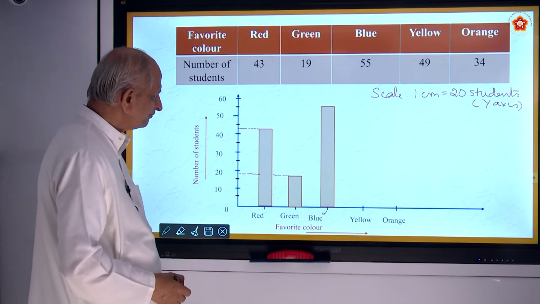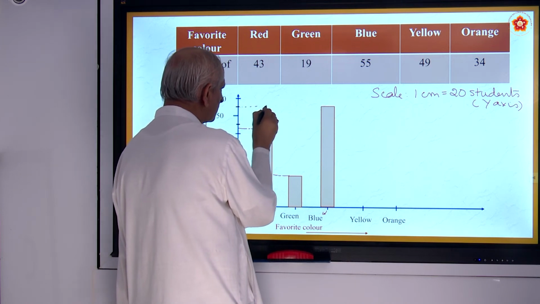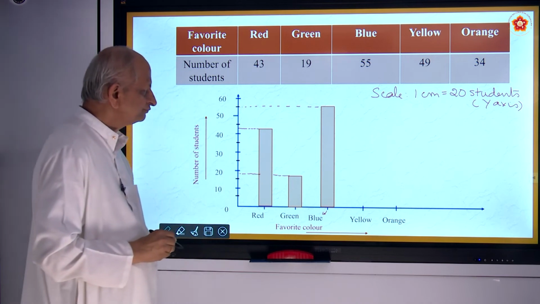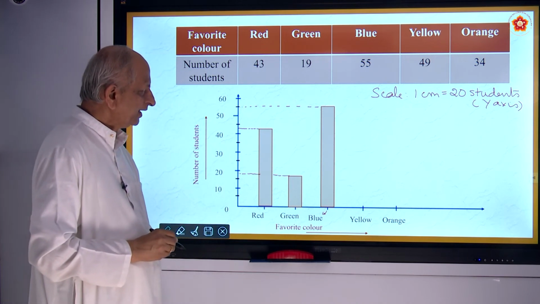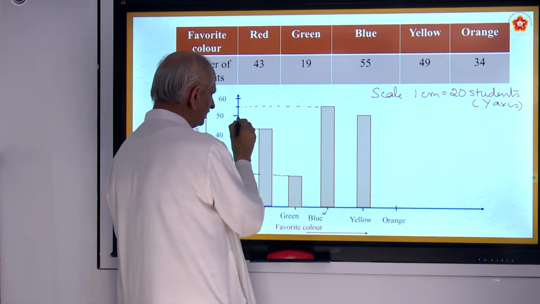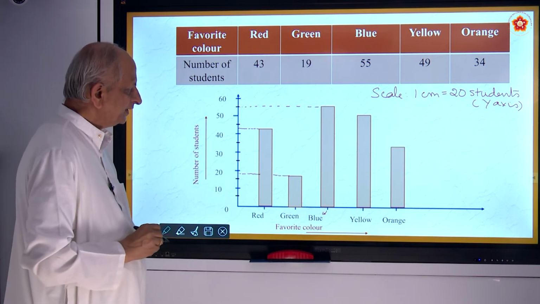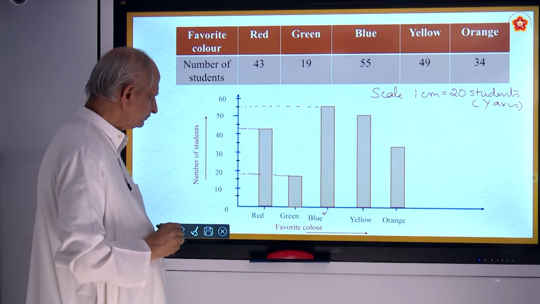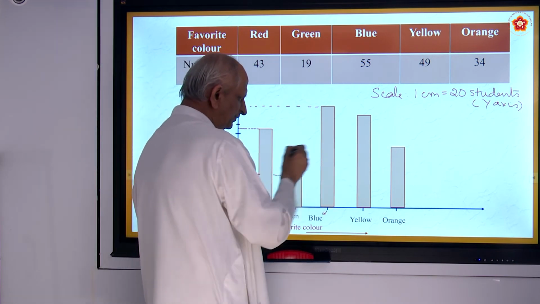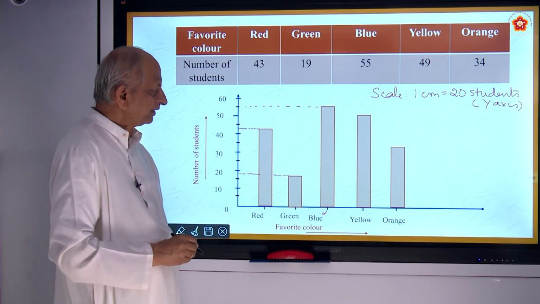Blue maximum 55. 55, that is blue color. Then yellow color 49. 49 is less than 50. And then orange color 34. So 35 is here, slightly less than that. So this is all the figure.